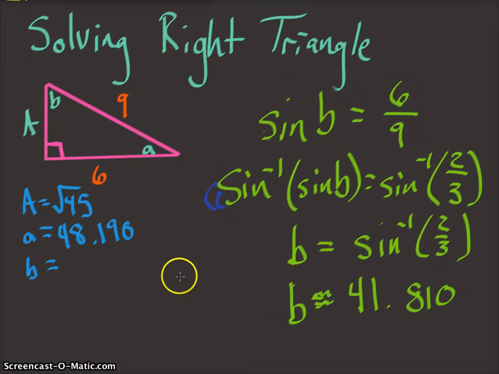We can see that this must be right because 41.810 plus 48.190, both of those are rounded, add up to 90, which is what we expect. Now we have solved for all pieces of information, and that is how you solve a right triangle.